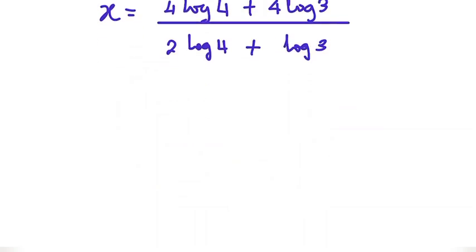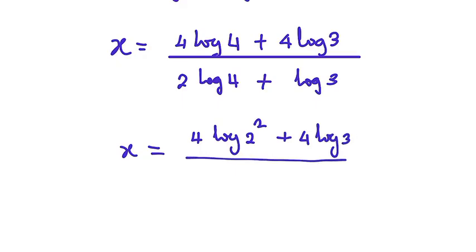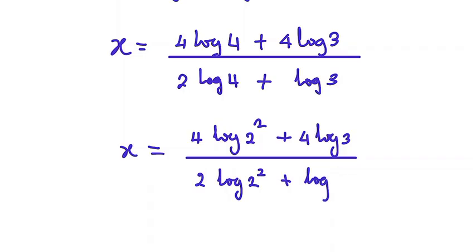Now we can still simplify further. You know that this 4 and this 4 here can also be expressed as 2 to the power of 2. So we're going to have 4 log 2 to the power of 2 plus 4 log 3, divided by 2 log 2 to the power of 2 plus log 3. So x will be 4.